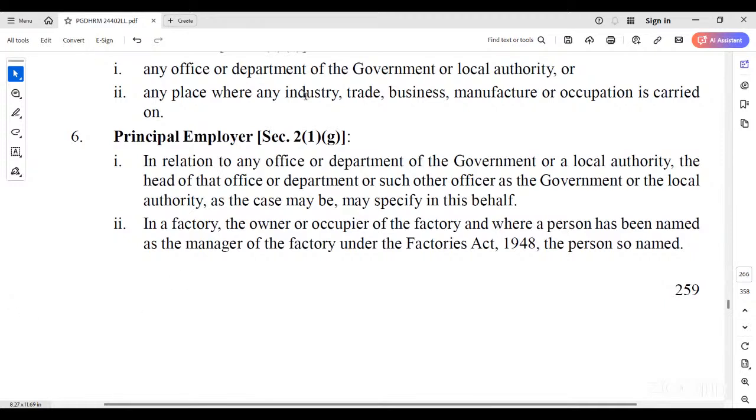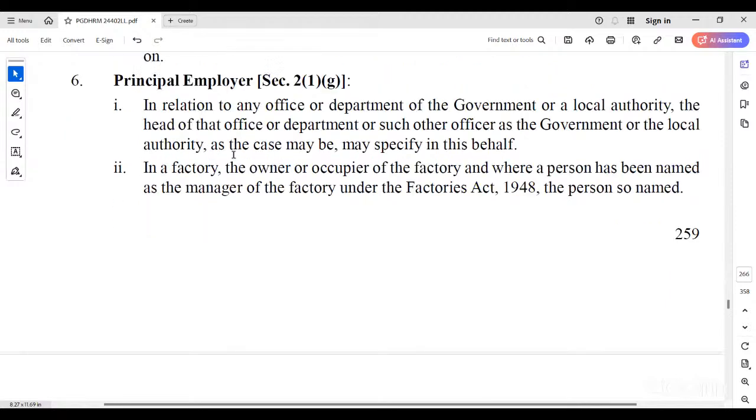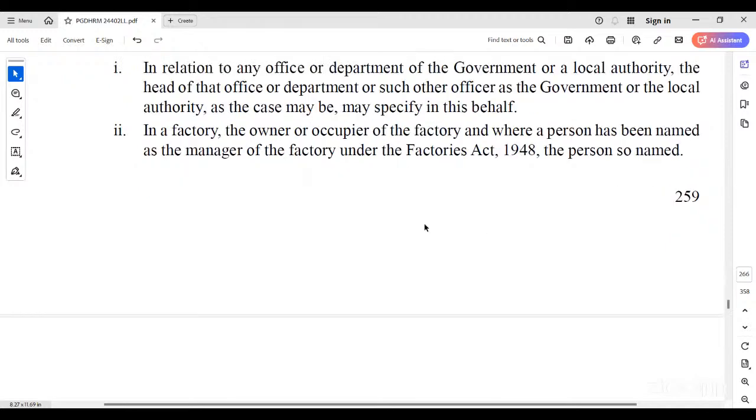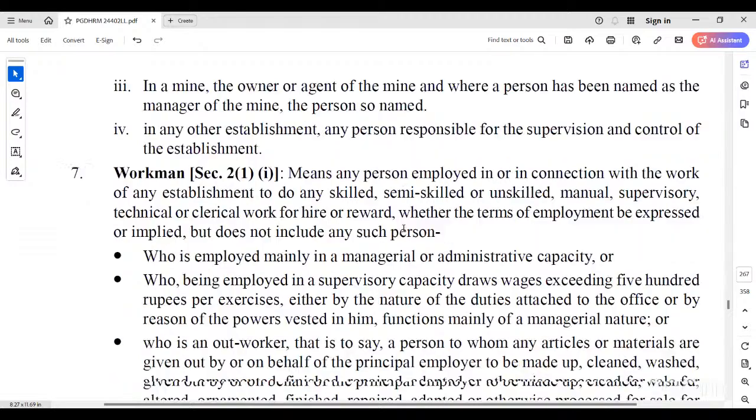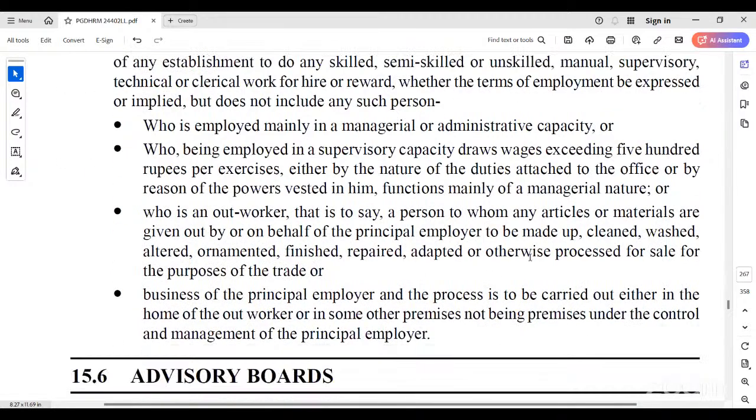All are considered under this Act. In a factory, the owner or occupier of the factory, and where a person has been named as manager of the factory under the Factories Act 1948, such persons. So workman is clearly mentioned here.